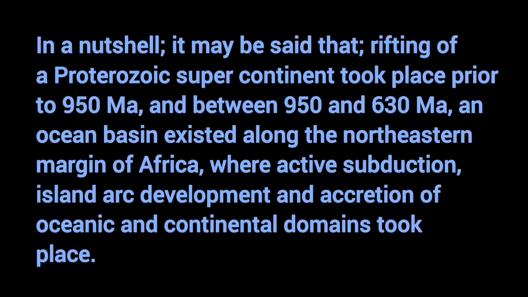In a nutshell, it may be said that drifting of a Proterozoic supercontinent took place prior to 950 million years, and between 950 and 630 million years, an ocean basin existed along the northeastern margin of Africa where active subduction, island arc development, and accretion of oceanic and continental domains took place.